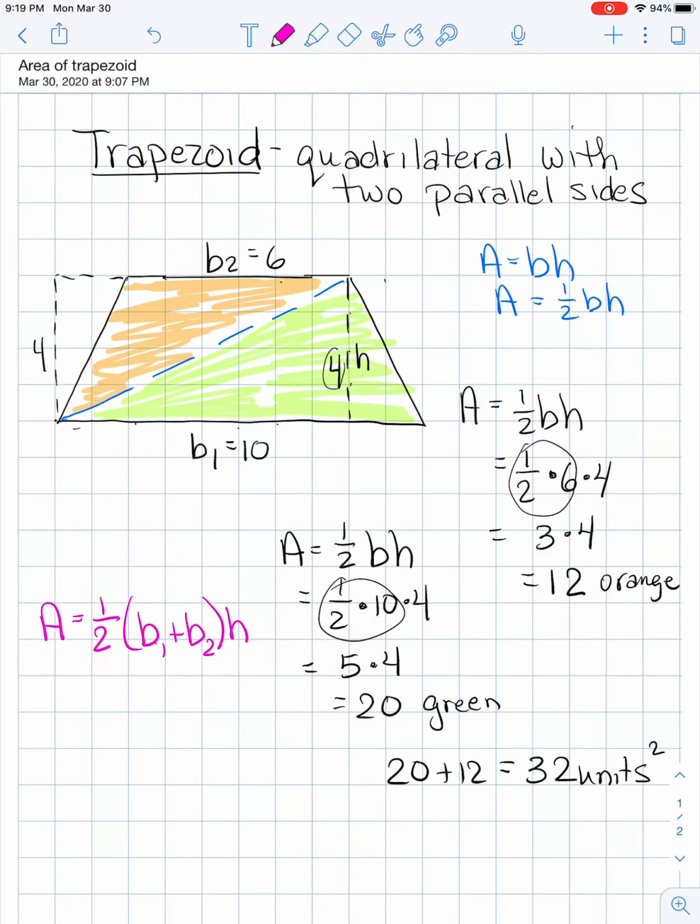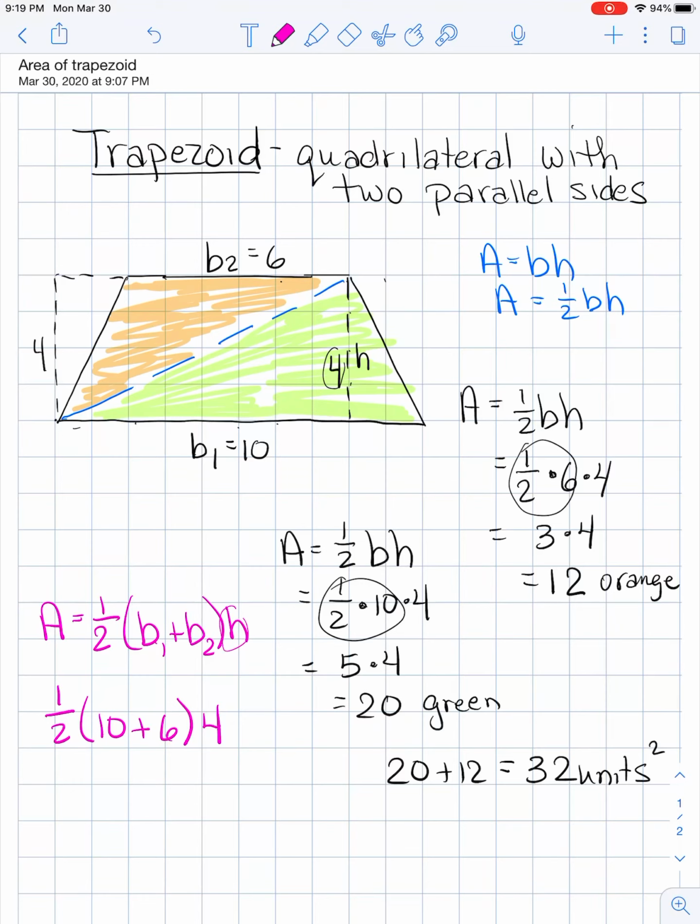So if you use the distributive property with the h, it would be 1/2 times B1 times h plus B2 times h. Okay, so let's see how that turns out. For this particular trapezoid, we have 1/2 times B1, which is 10, plus B2, which is 6, times the height, which is 4.